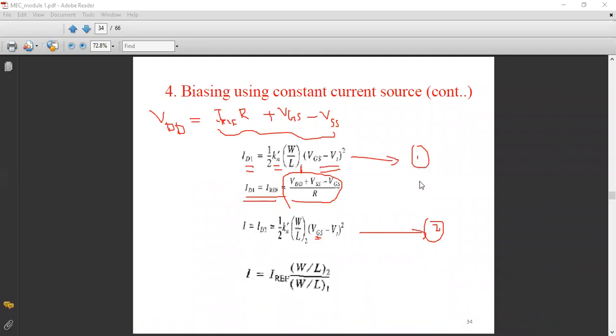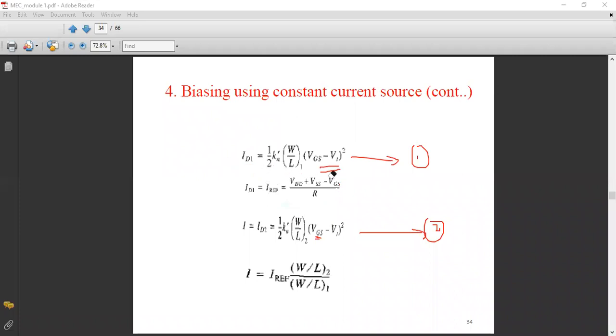Now you divide the two equations, 1 divided by 2, and from which we can write the equation for capital I, which is your output current. I is the output current of the current source, which is the same as the drain current of Q2. Therefore I is equal to ID2. So all of you divide the two equations.